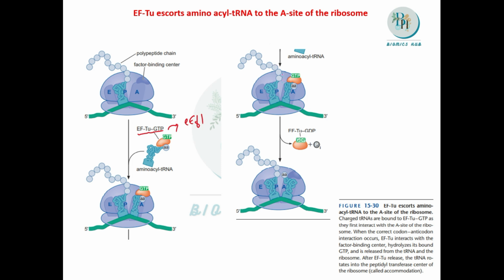After bringing the tRNA to the A site, EF-Tu is removed in the form of GTP. Here the other amino acid is now present, and from the P site the amino acid is transferred onto this amino acid, and a peptide bond is formed.